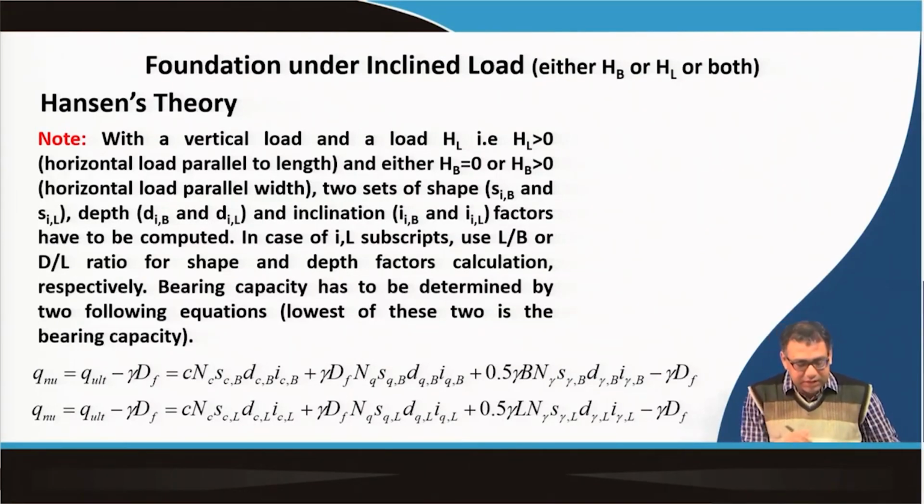First note that with a vertical load and a horizontal load HL greater than 0, where HL means horizontal load parallel to length, and either HB equal to 0 or HB greater than 0, where HB means horizontal load parallel to width, then we have to calculate two sets of shape factors, inclination factors and depth factors. What does it mean?